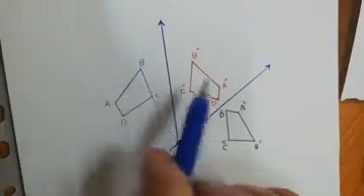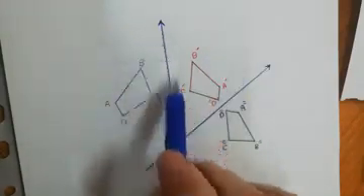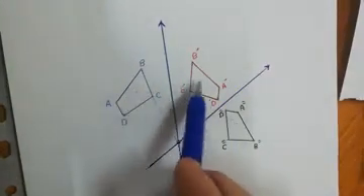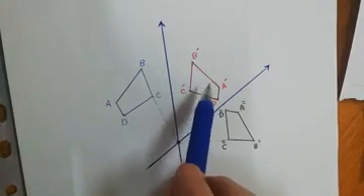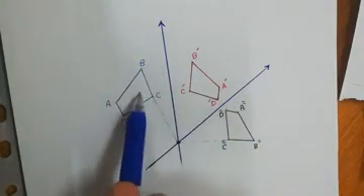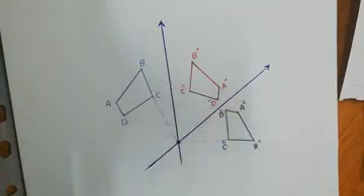reflections across two intersecting lines, not parallel, these are two intersecting lines, I make two reflections. This is the first reflection, and this is, I reflected this again across this line. So two reflections across two intersecting lines.